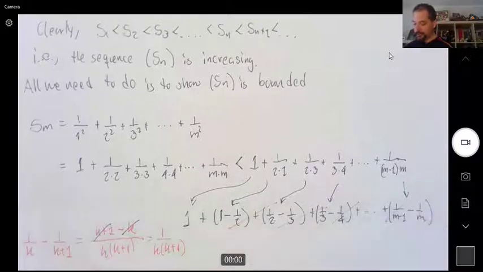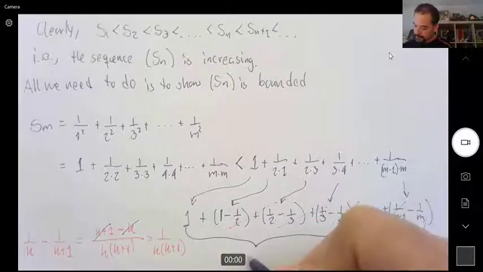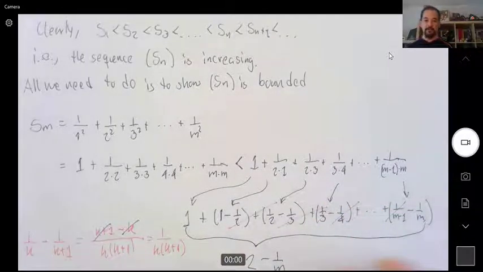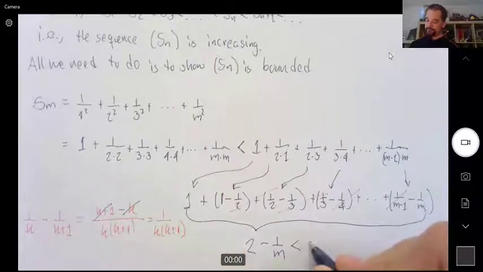Everything goes away except those first two terms at the beginning and the 1/m. So all of this is just 2 minus 1/m. Neat, right? And that for sure is less than 2. 2 minus 1/m is less than 2.